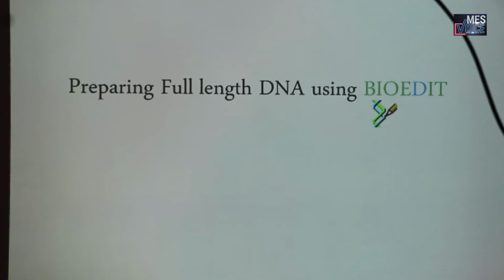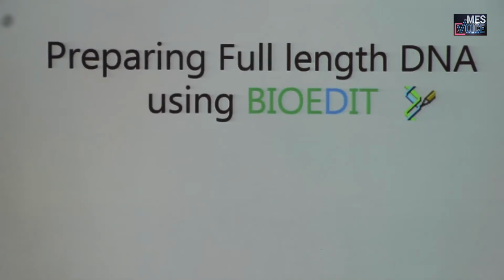For that, you don't have any forward or reverse sequences, right? We usually prepare a full length DNA sequence from our forward and reverse sequenced data, and then it is used for BLAST analysis.